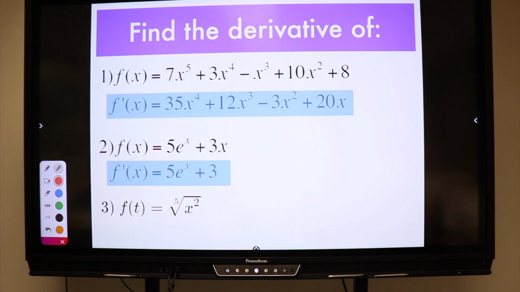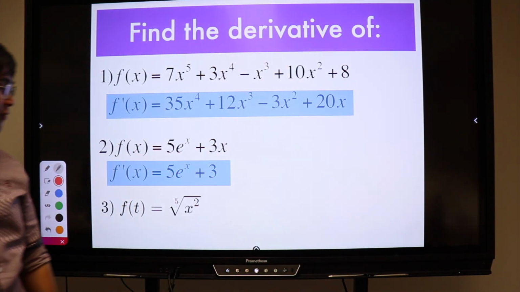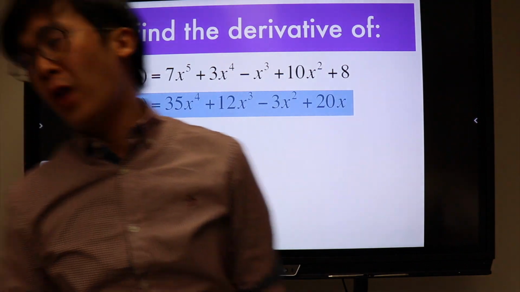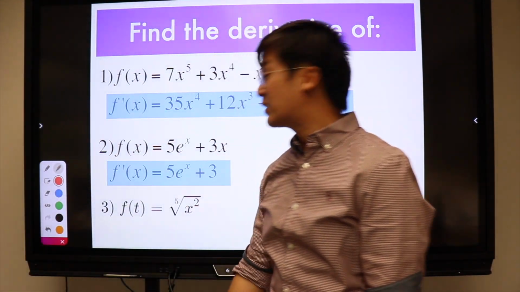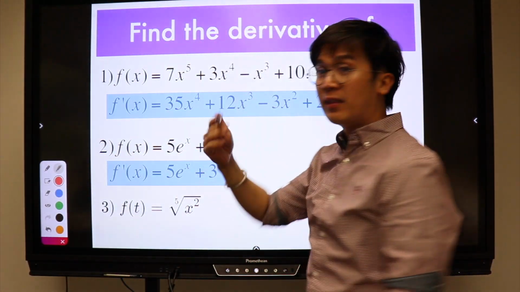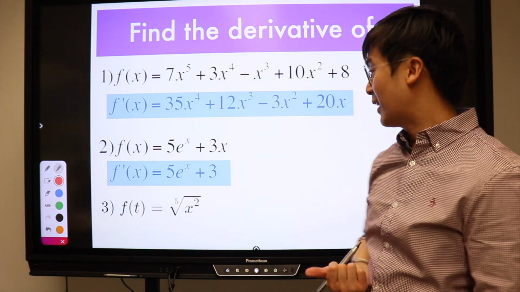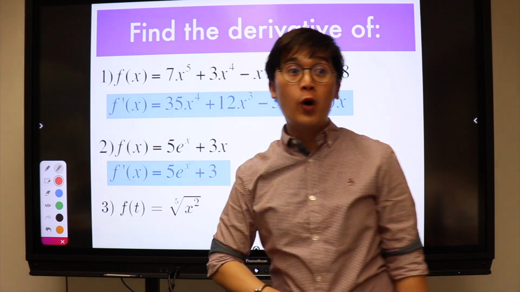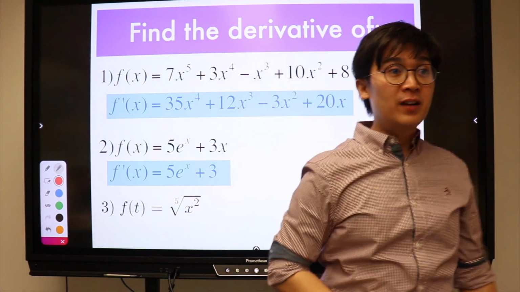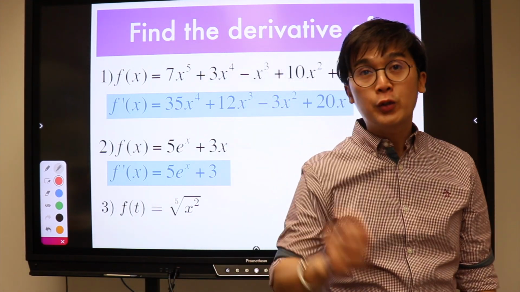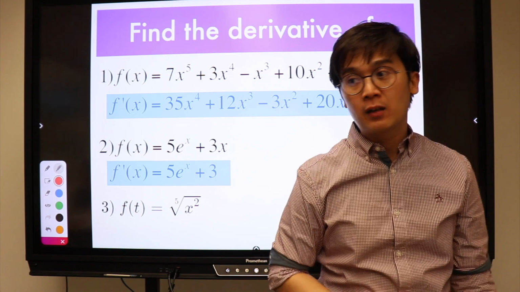Now, number 3, we have the 5th root of x squared. And we're going to find its derivative using the power rule. Now the problem with this function is that it's in radical form. And from the word itself, power rule, you use that when you have an exponent.